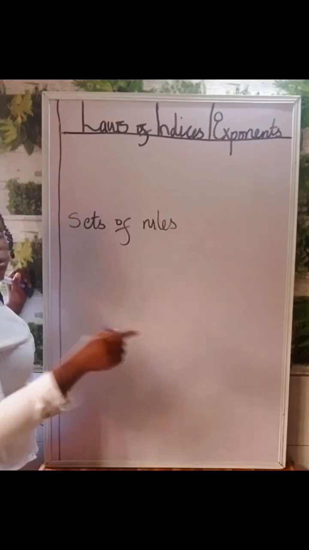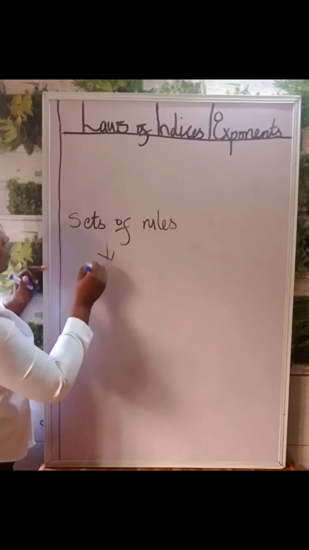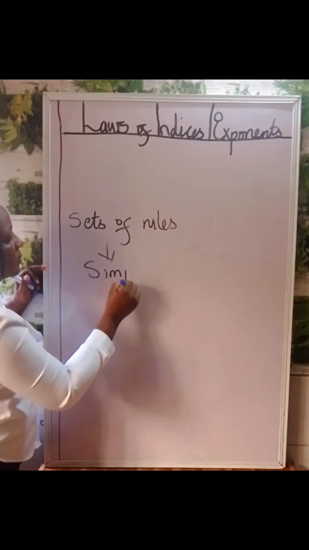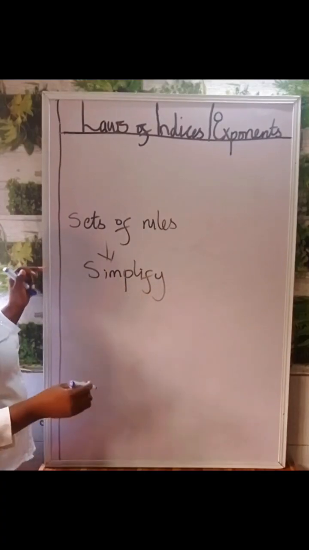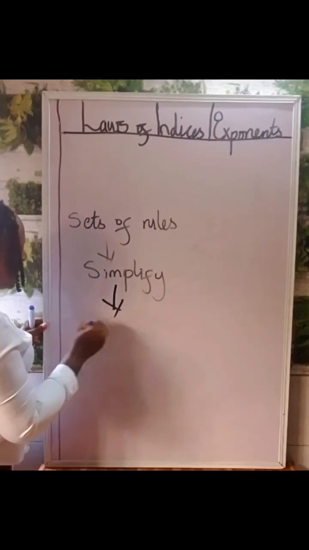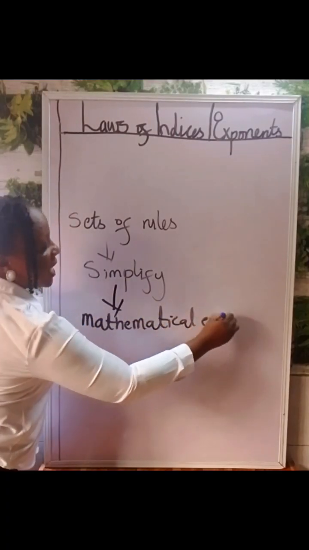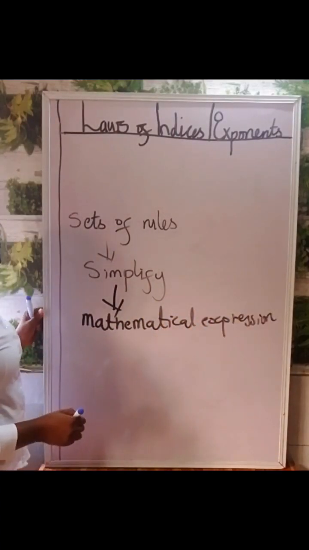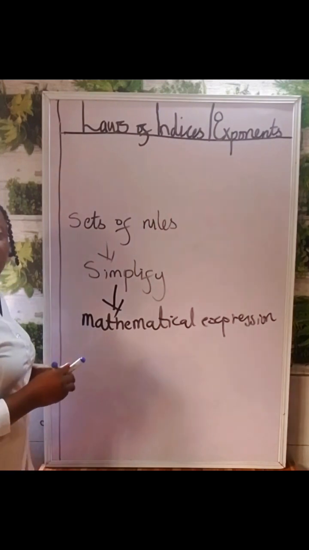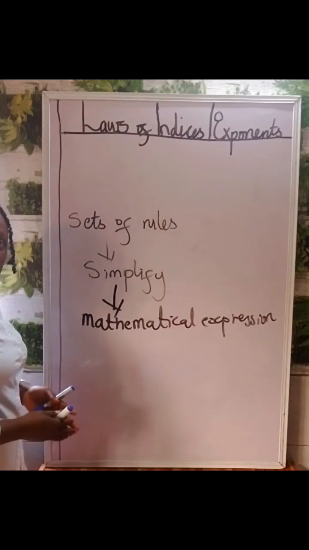So this set of rules does something. They tell us how to simplify. What do they help us to simplify? To simplify any mathematical expression. The mathematical expression can appear in your physics, chemistry, maths, your pure maths.